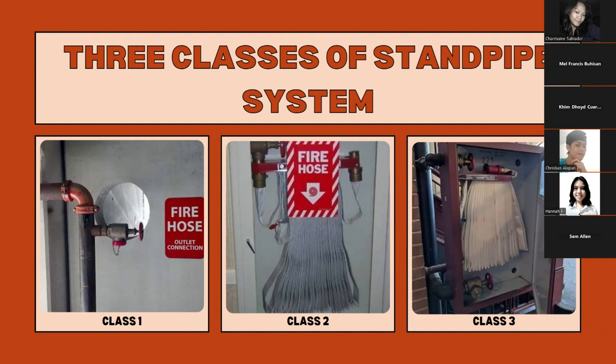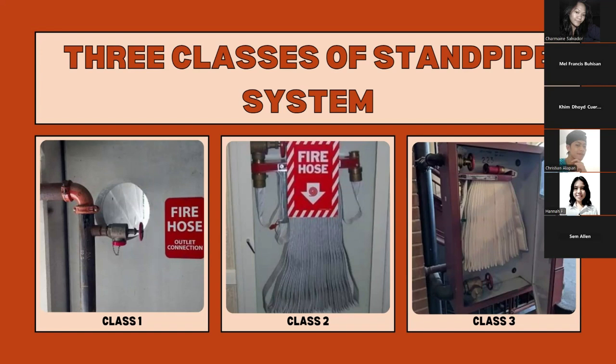So next is the class 2. The class 2 standpipe system is designed for use by both professional firefighters and building occupants. It's typically found in smaller buildings like apartments, office buildings, and some commercial buildings.